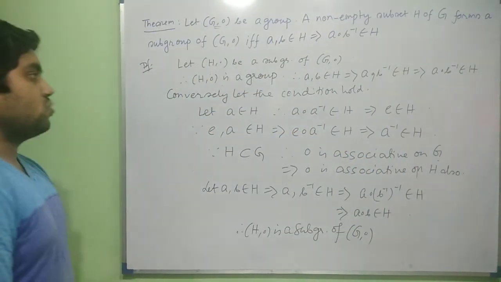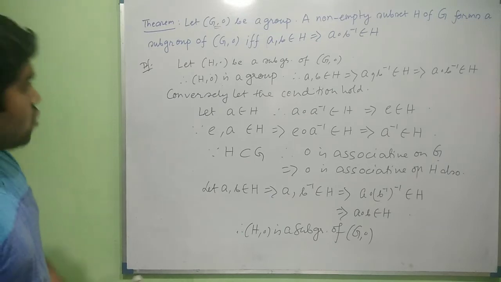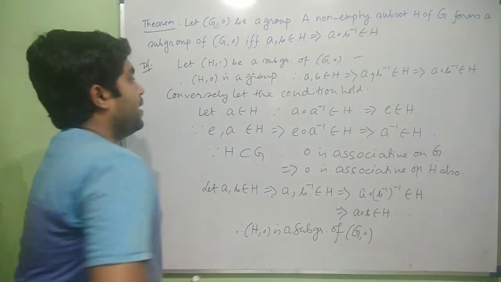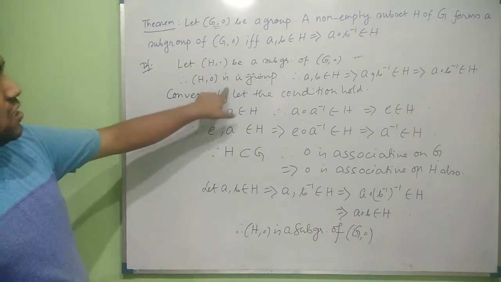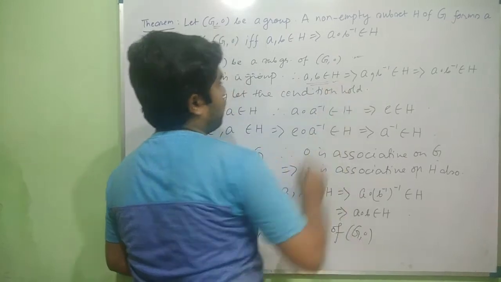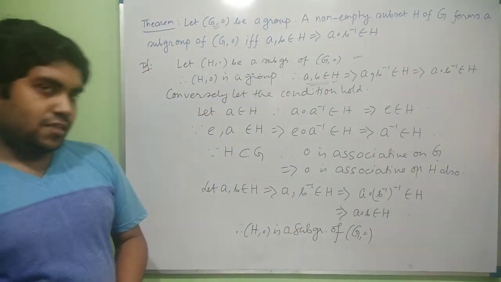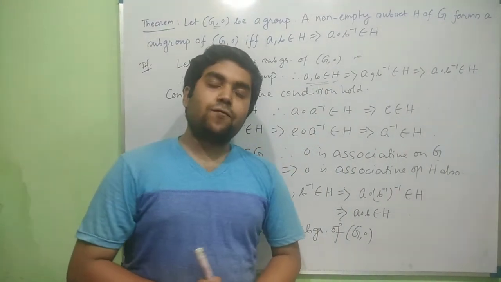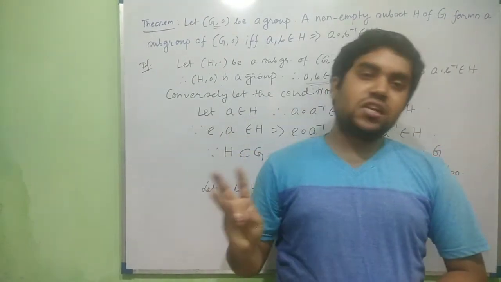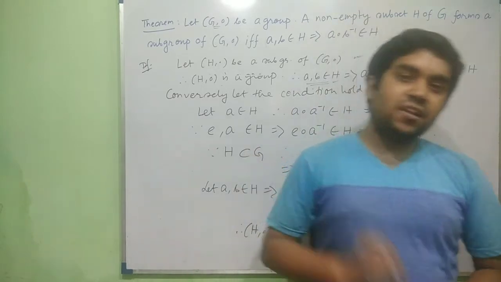So let's see. First of all, we consider that H naught is a subgroup of G naught. Then H naught is also a group, and we consider two elements A and B from H. Since H is a group, there must exist four properties: closure, associativity, identity, and inverse.